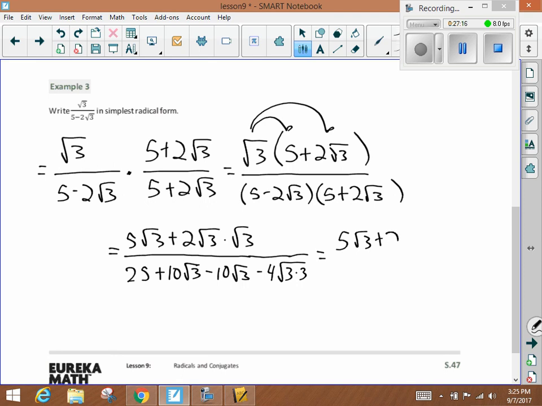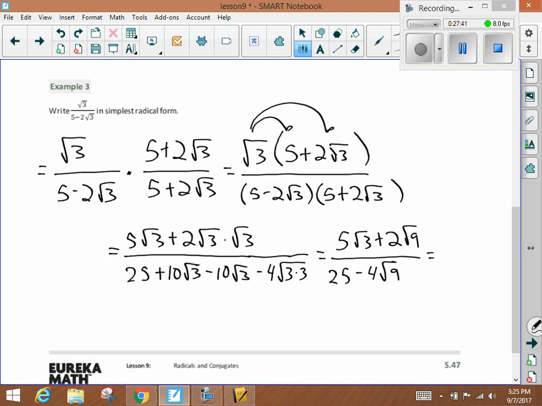So this is actually plus 2 times 3, I'm going to write it like this, just to take the extra step. All right, here I have 25. The 10 root 3 minus 10 root 3 cancels. And over here I have 4 times root 9.